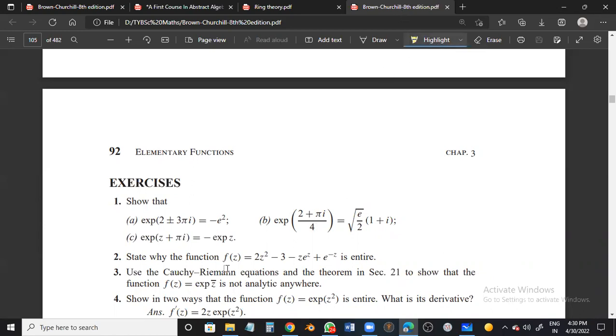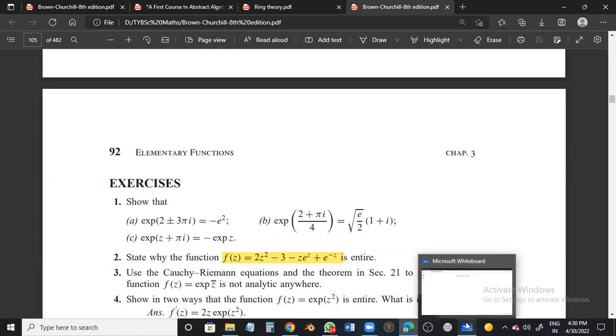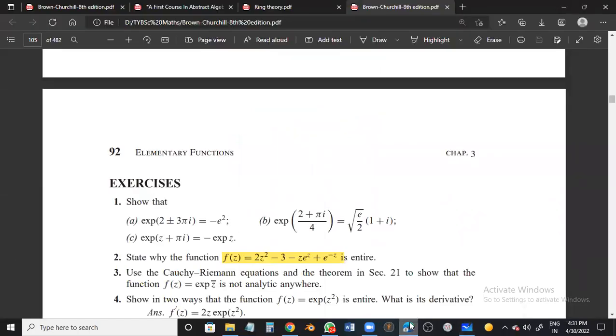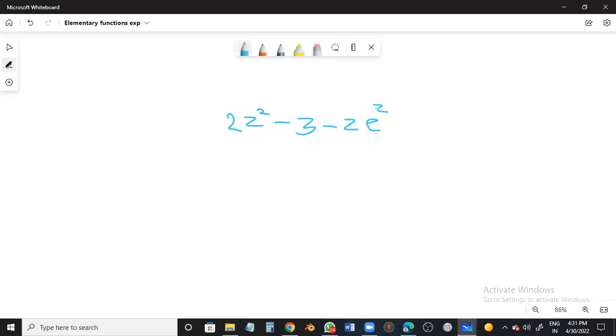I would like to highlight the function so that you can read it easily. 2z square minus 3 minus z e raised to z. I would like to check once whether it is plus or minus. Okay, minus z e raised to z plus e raised to minus z.